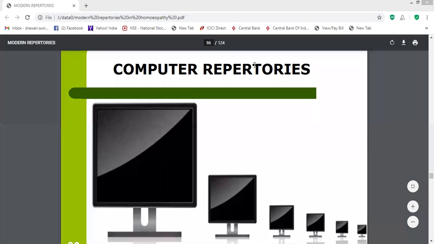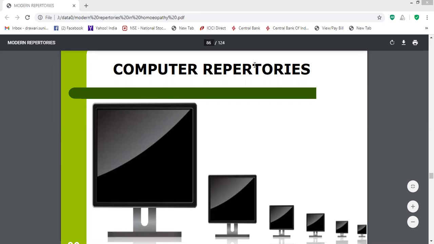Since most repertories and materia medicas are included in one software, it is also cost effective, and we can easily carry it from one place to another as compared to books. So these softwares are very helpful.